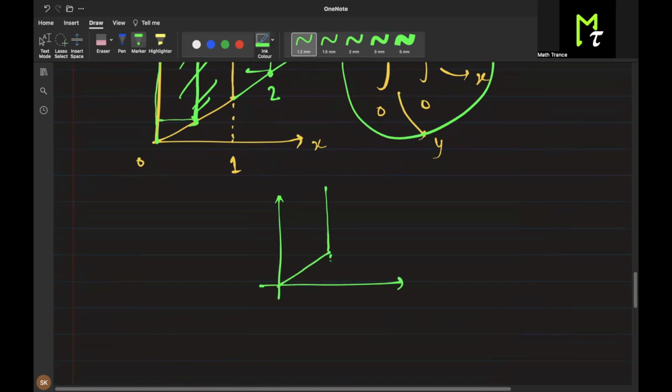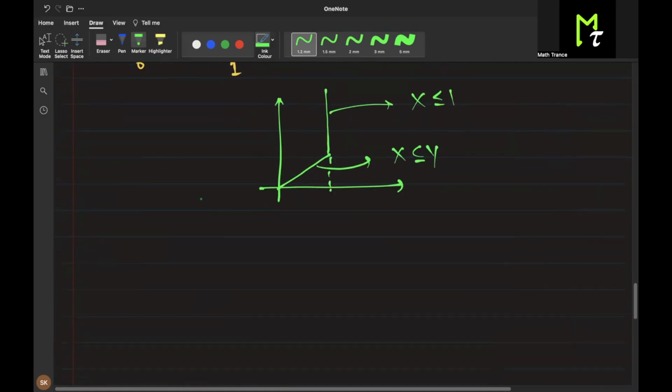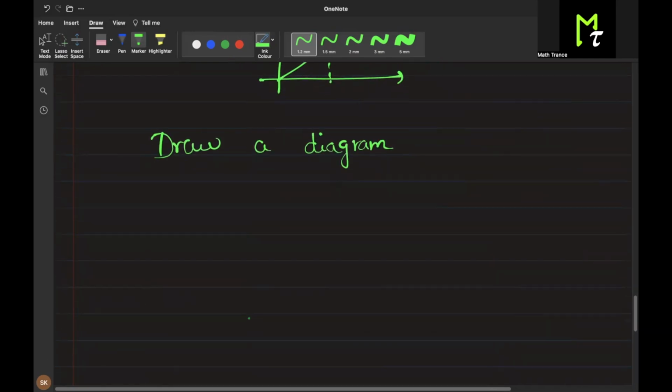This bounded part is what we need to calculate, and this bound is because x is less than or equal to 1 only. Outside this, it becomes 0. And so what I would like you to do is draw a diagram whenever solving these kinds of questions. And hence, you'll never get confused.